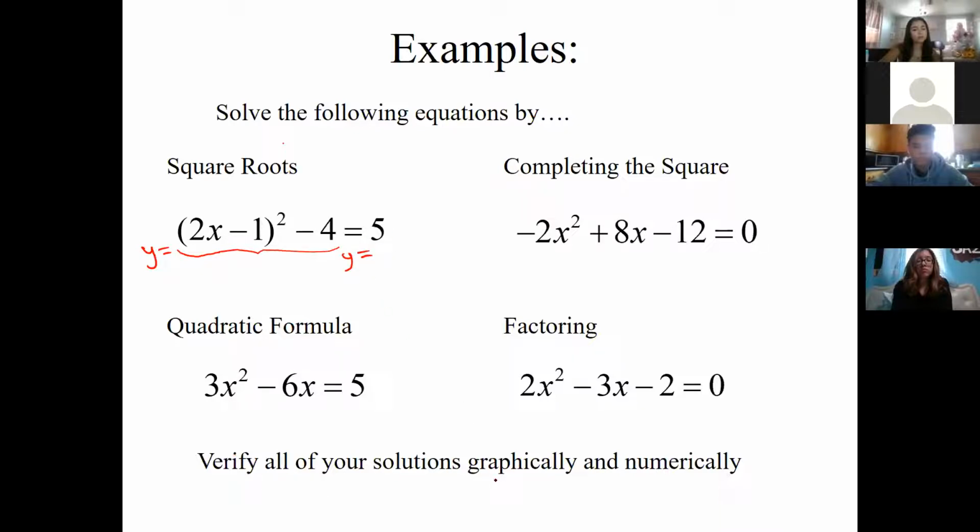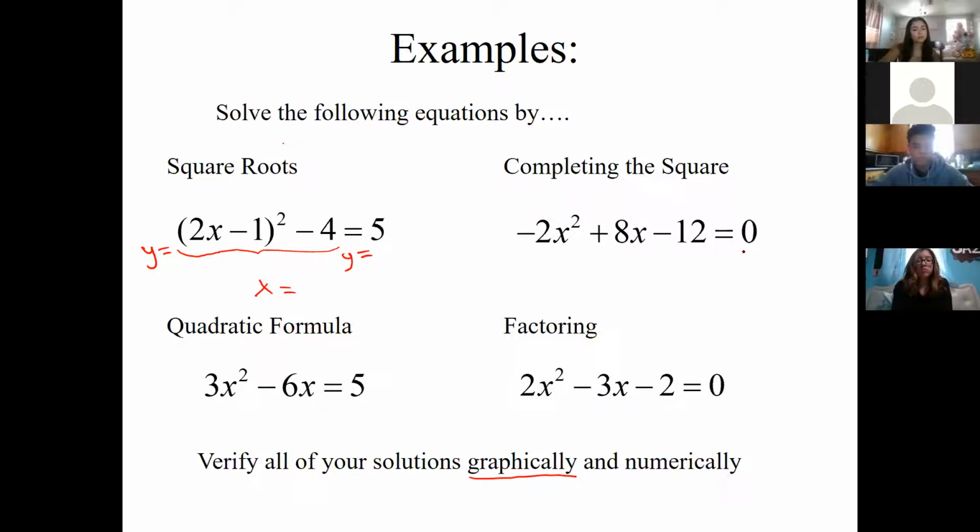So when it says verify graphically, you can use Desmos like I just showed you. You would type y equals all of this in one equation, and in a new equation type y equals 5, and your solutions, your x equals whatever, should be the x coordinates of where these intersect.